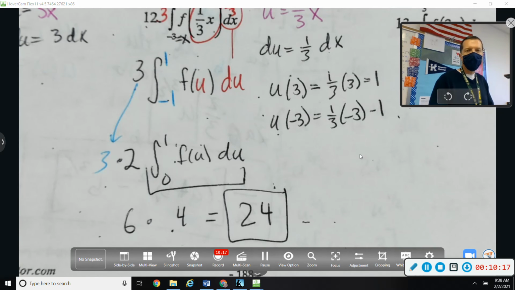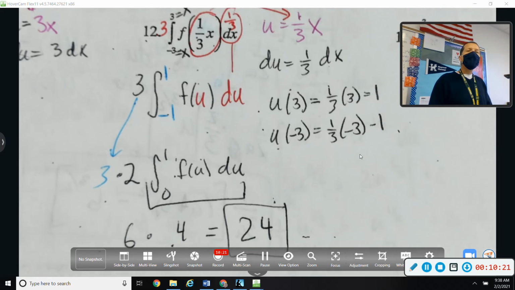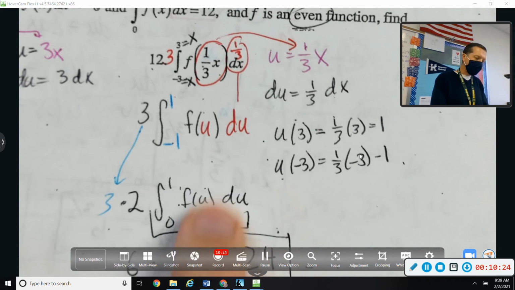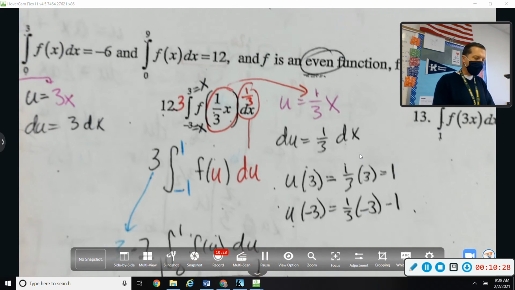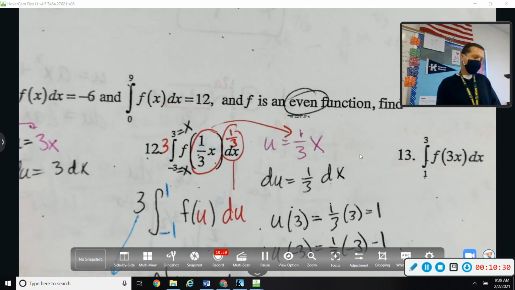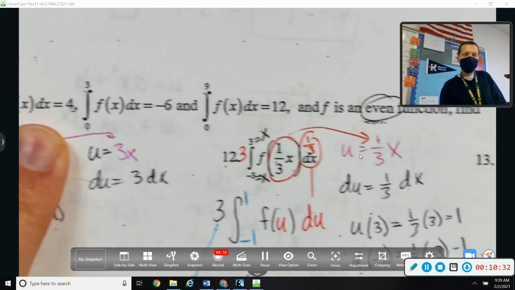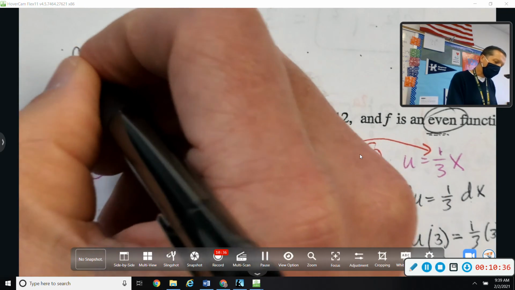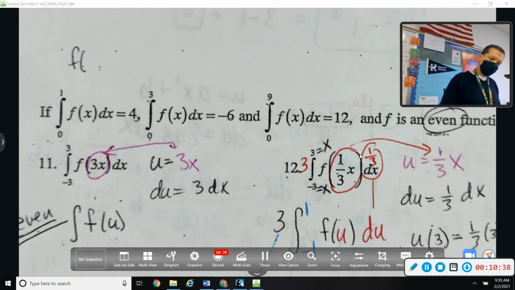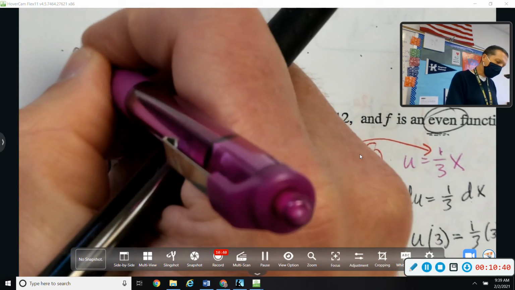Why can't I say that f of u du equals f of x dx? That's a really good question. How do I know that f of u du is the same thing as f of x dx? Because that x is just like a placeholder, right? I could put anything in there. F of my old pink triangle could go in there.